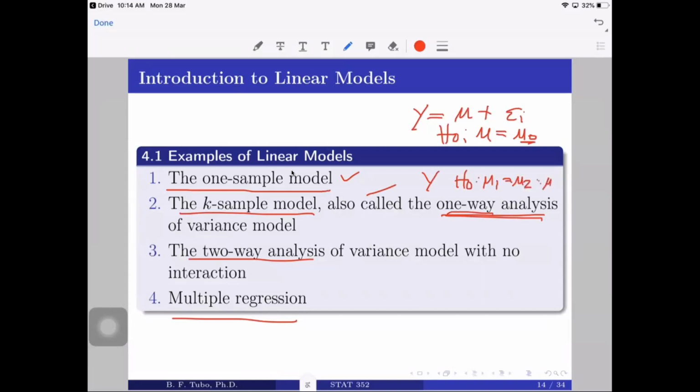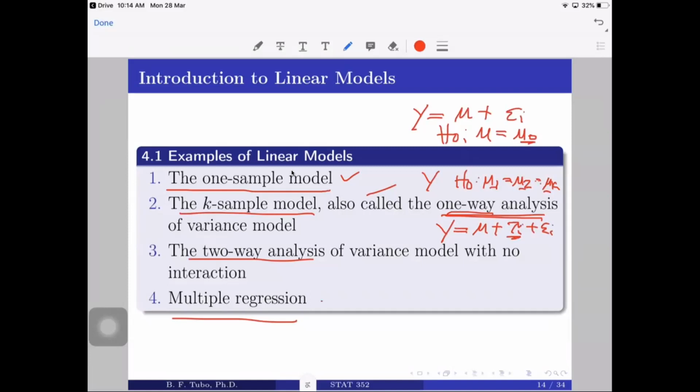Where there are k of them. So this is expressed as y as mean plus some treatment effects or the different mu i's. So these treatments are mu1, mu2, mu3, no? Plus some epsilon error terms.